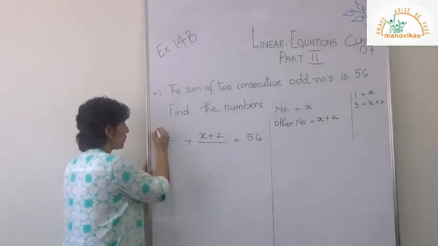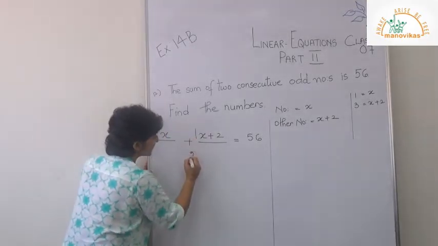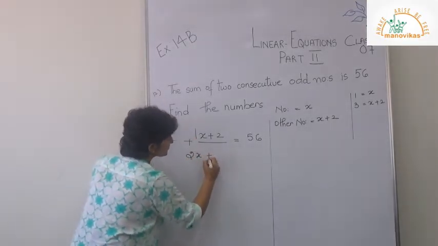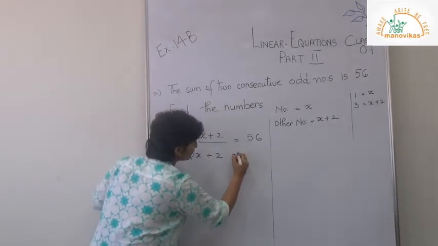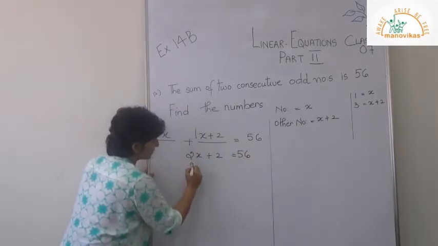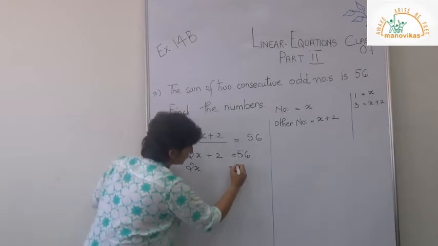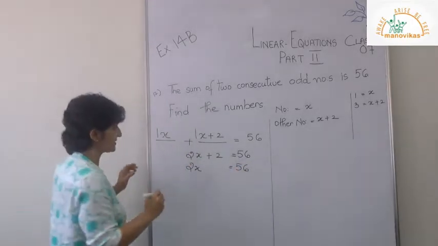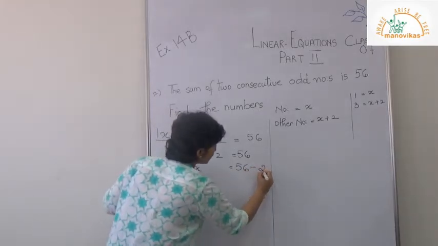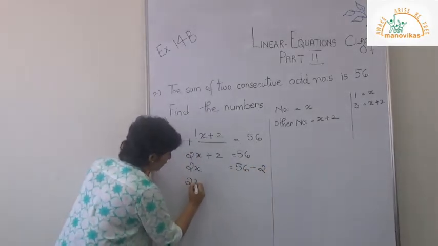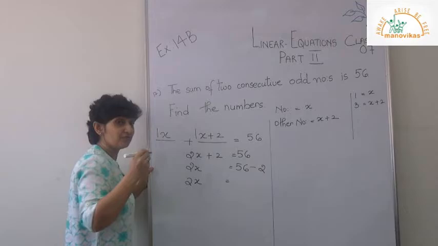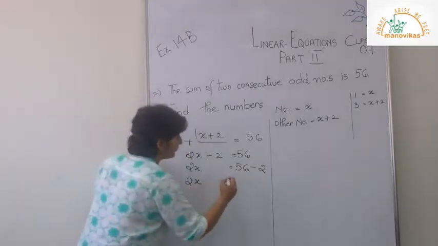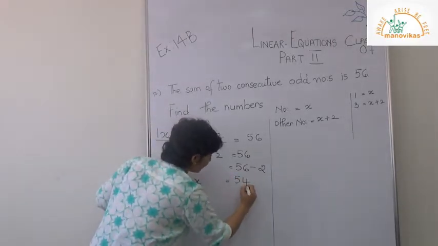Let us solve it. 1x plus 1x gives me 2x plus 2 is 56.